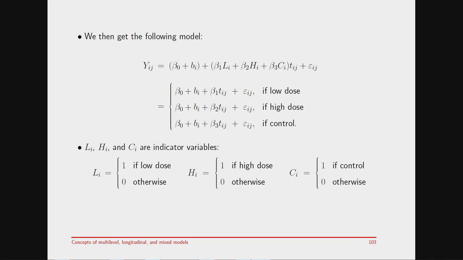But at age 45, the animals were randomly assigned to the 3 different treatment groups. So we know by the design of this experiment that on average, these 3 different groups have to be the same at age 45, meaning at t equal to 0. So I don't need 3 different intercepts here.